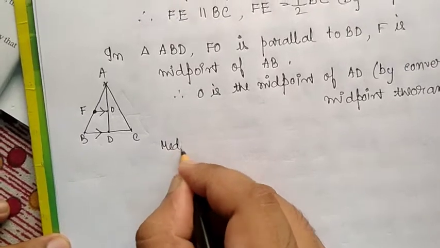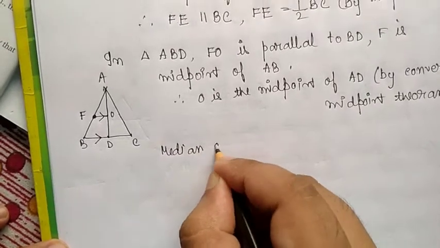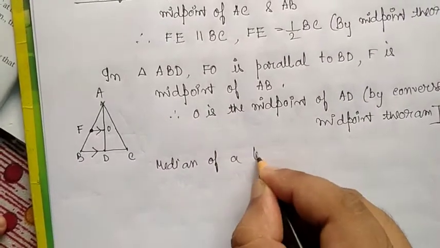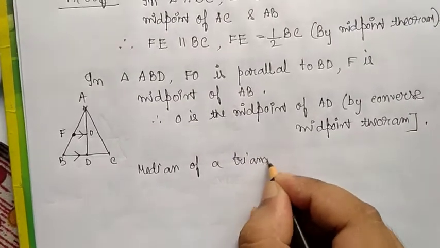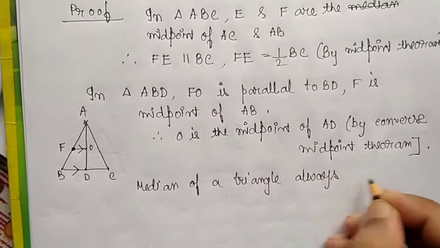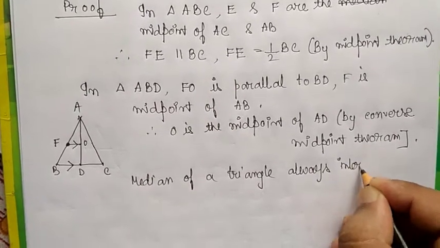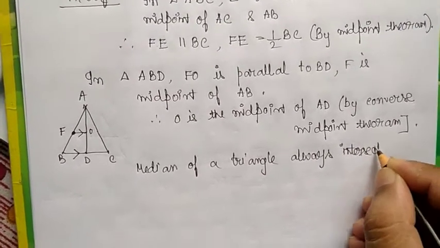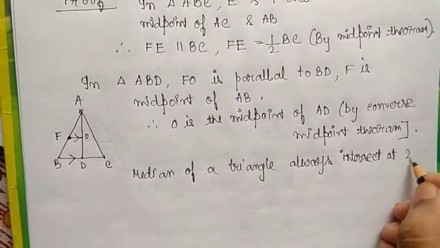The medians of a triangle always intersect at a 2:1 ratio.